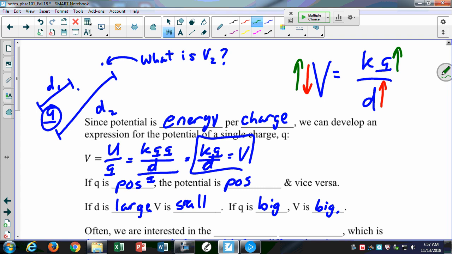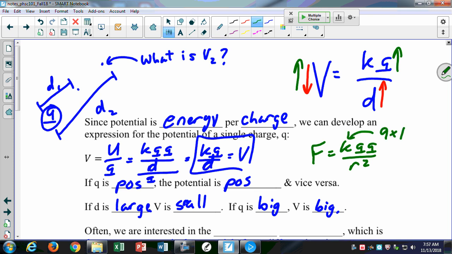Okay? So, is K a constant? Yeah, K is a constant. K is the same constant that we saw in Coulomb's law. And we're not really going to use it as a number because we just don't do any calculations with these. So when K goes up, nothing goes up? K doesn't go up. K is a constant. So this is Coulomb's constant.